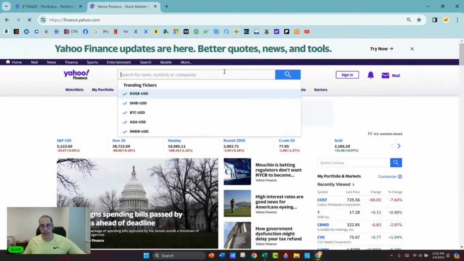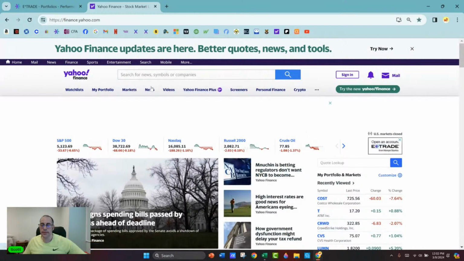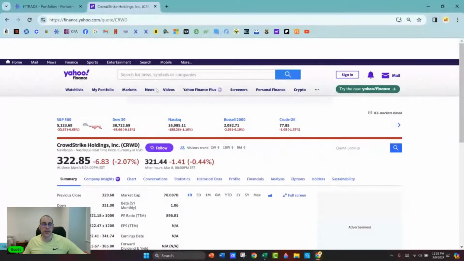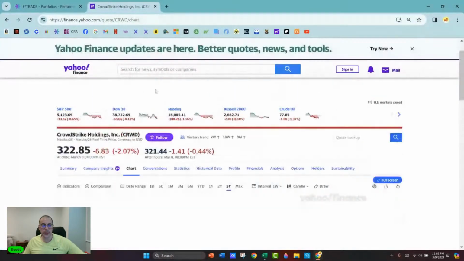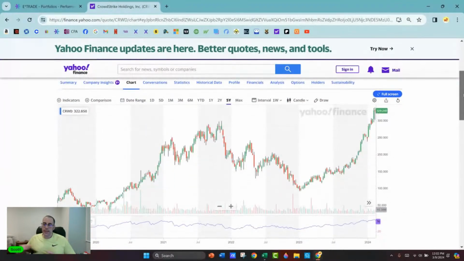I had a family member where I was investing their money, and I put it all into one stock, CrowdStrike. Let me see where I bought it.